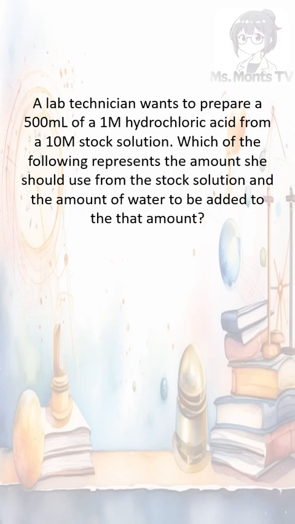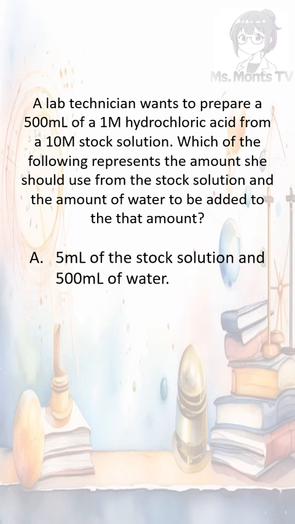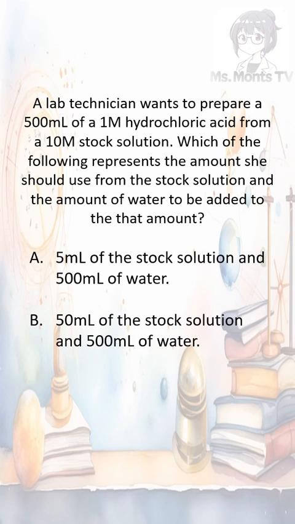A lab technician wants to prepare 500 ml of a 1 molar hydrochloric acid from a 10 molar stock solution. Which of the following represents the amount she should use from the stock solution and the amount of water to be added to that amount? A. 5 ml of the stock solution and 500 ml of water. B. 50 ml of stock solution and 500 ml of water.